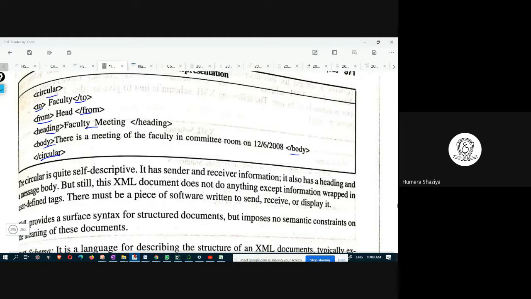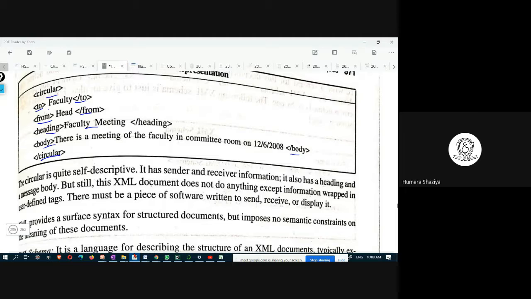Here, apparently, circular is the name itself, which is quite descriptive, and sender and receiver is also known from the representation.